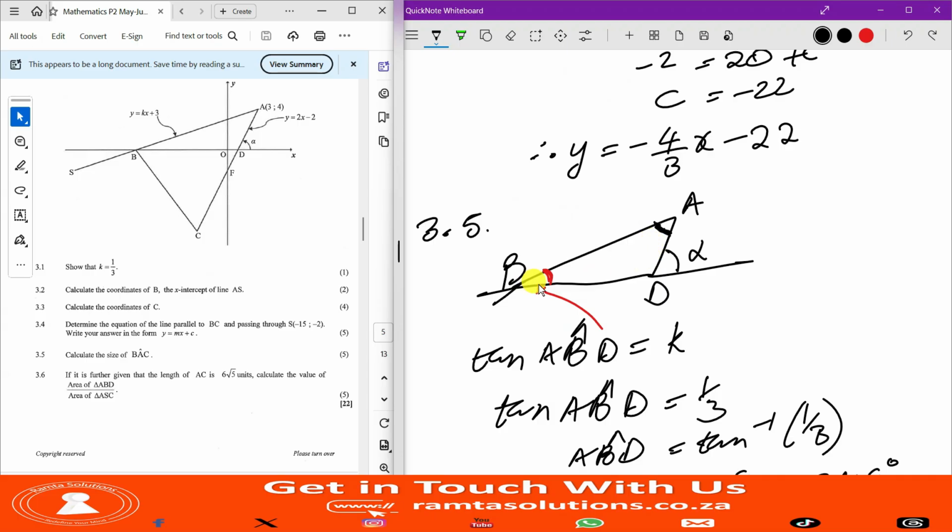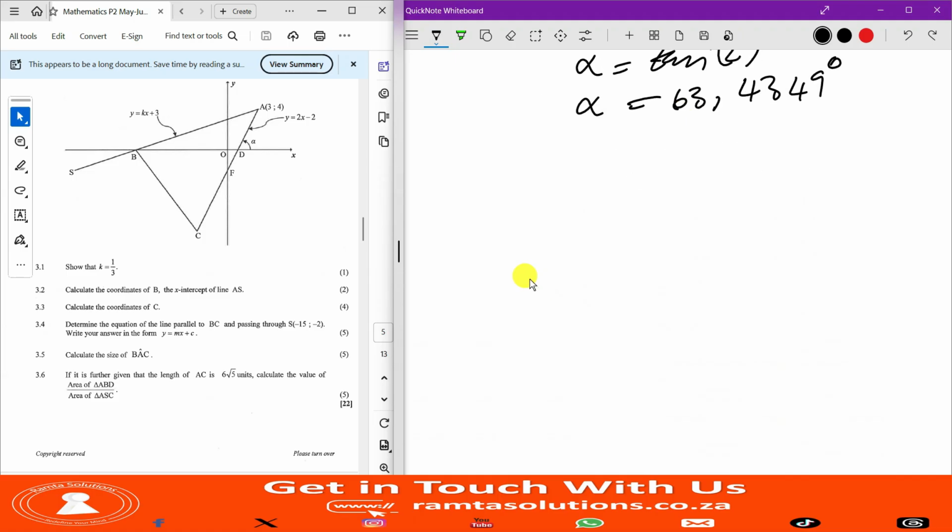Now I want you to look at this guy here. You will then agree with me that angle ABD plus angle BAC is equal to angle alpha. What is angle ABD?